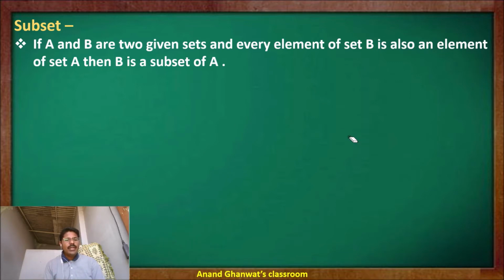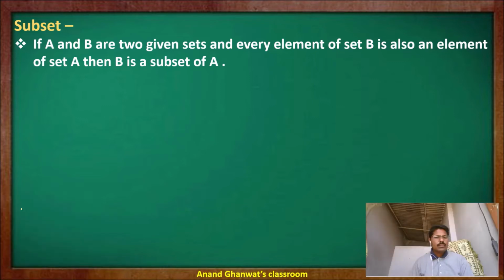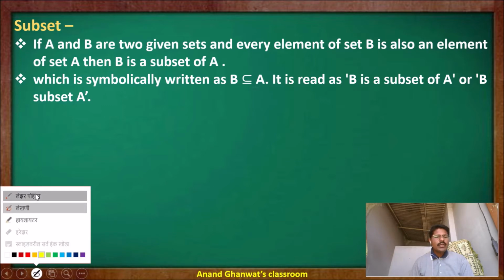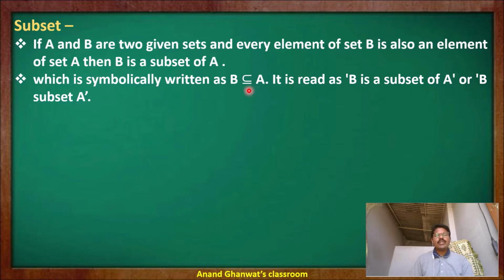If A and B are two sets which are given here, and every element of set B is also an element of set A, then B is a subset of A. Each and every element of set B is present in set A, then we can say that B is a subset of A. This can be written symbolically using this symbol to show subset. So B is a subset of A, or simply B subset A.